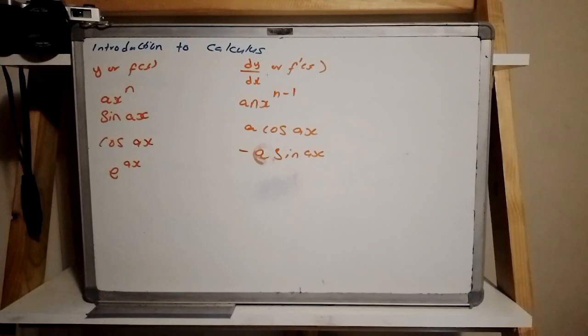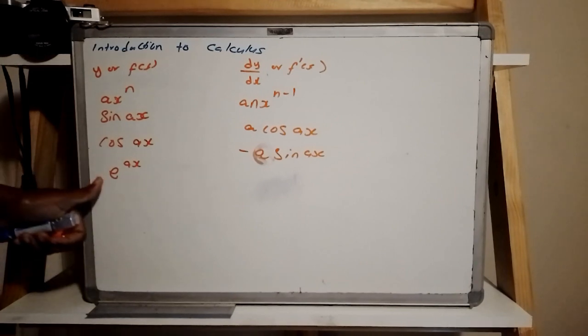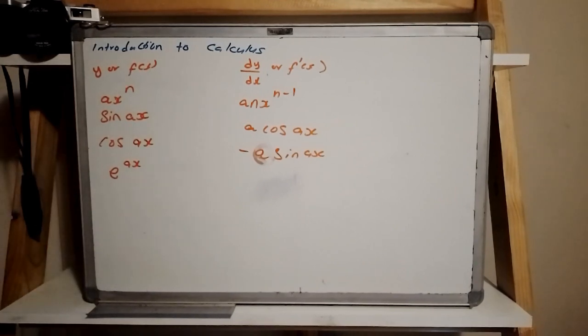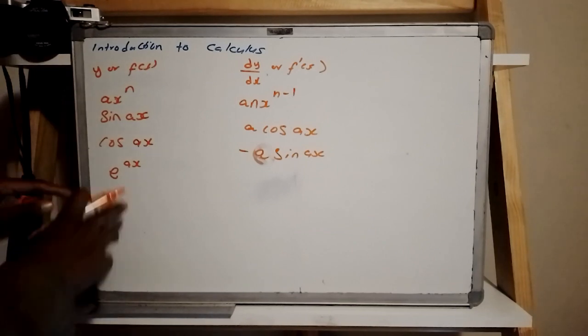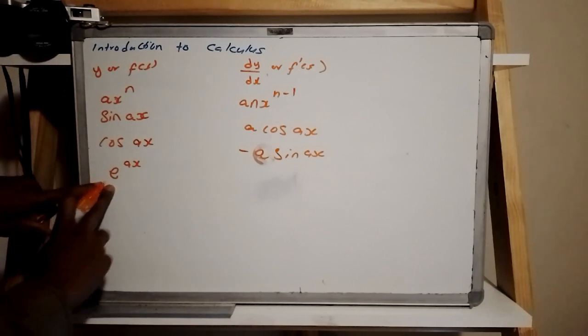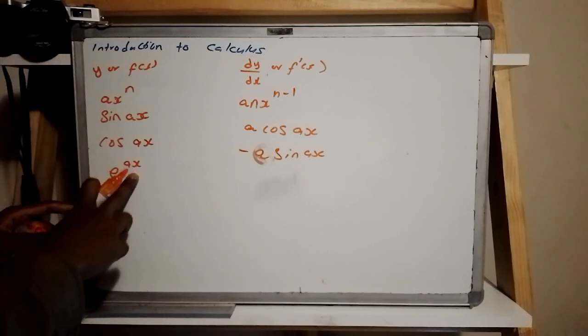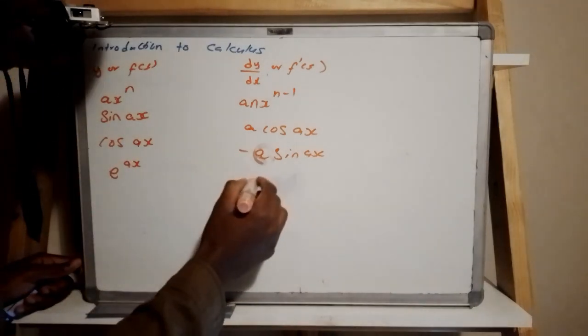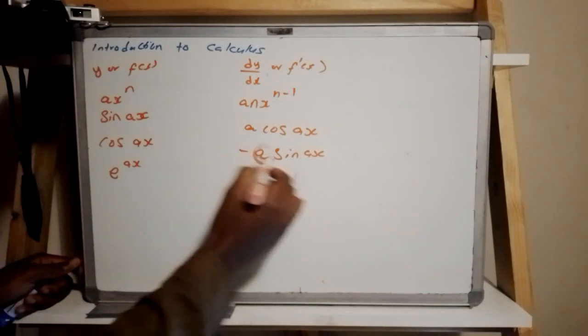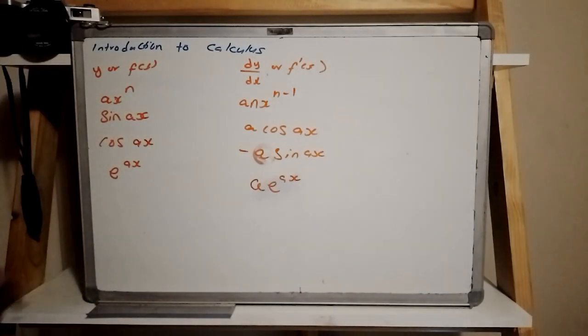You did this when you did functions, hyperbolic functions. So now, when you differentiate e to the power ax, what you will get is a e to the power ax. That is what you'll get, right?